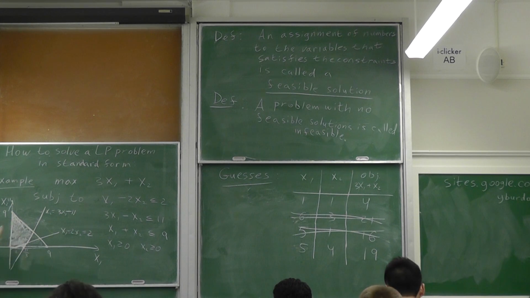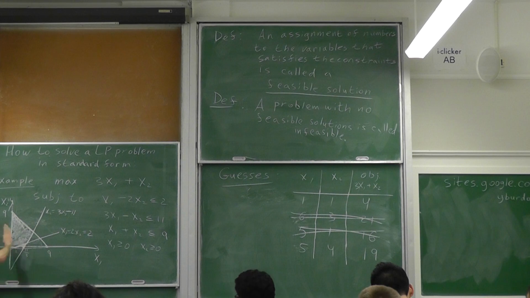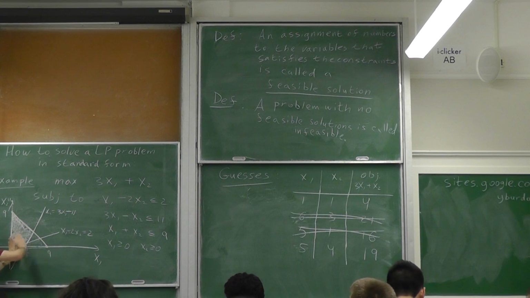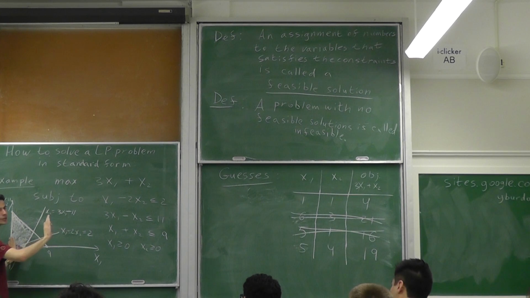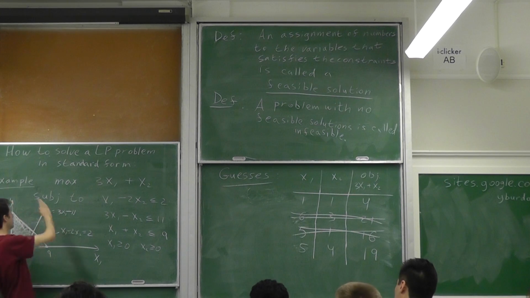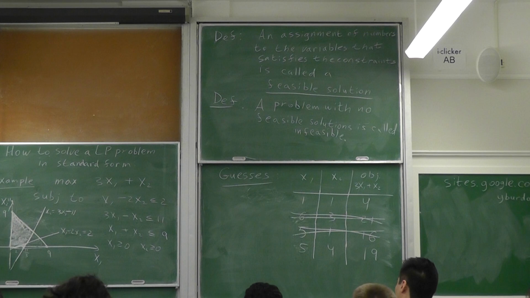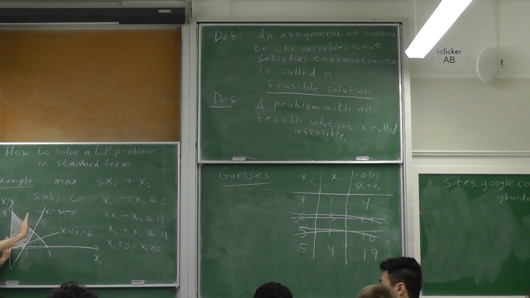And over this region I have a linear function, 3x1 plus x2. The graph of this function is some linear function like this. It actually passes through the origin. It might be a little bit hard to imagine, but anyway, it is some kind of plane lying over this region.